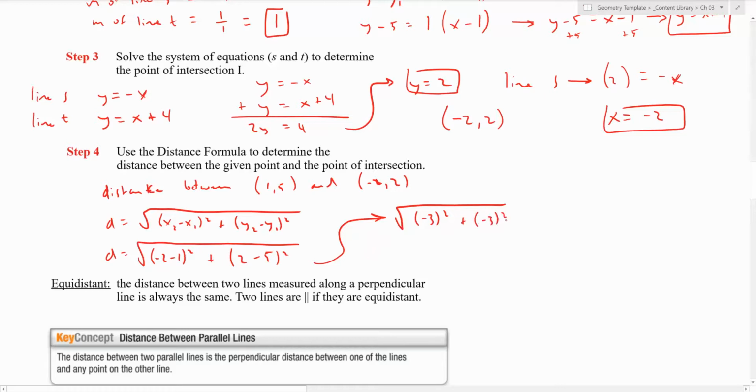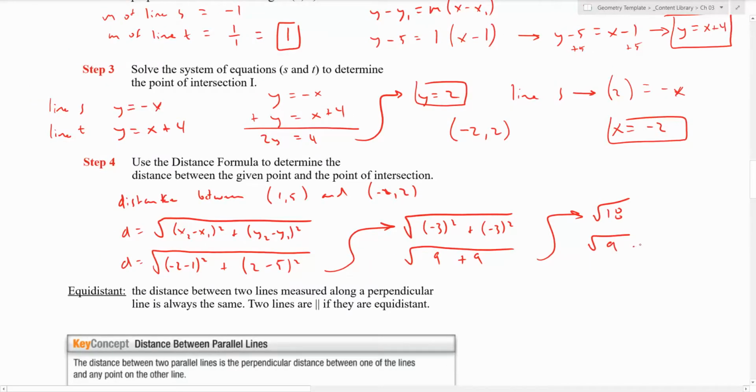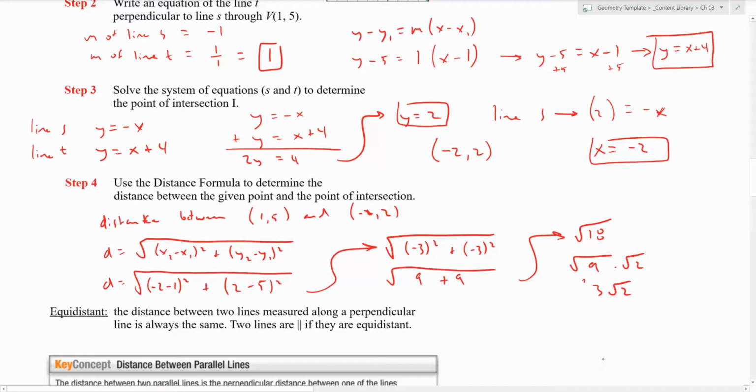That's the square root of 9 plus 9. That's the square root of 18. Simplified, that's the square root of 9 times the square root of 2, which equals 3 root 2.